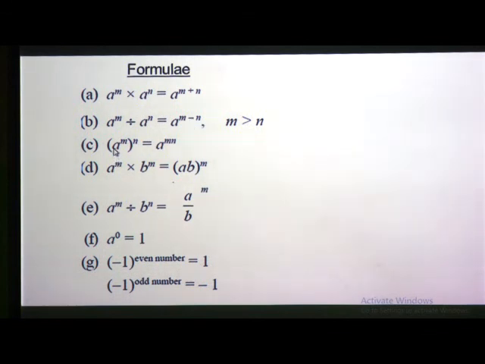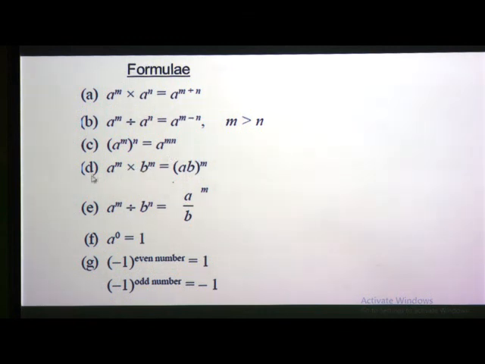Here we have a raised to power m, to the power n, the power to the power. So, we can say this gets multiplied, that is a raised to power mn. Here a raised to power m multiplied by b raised to power m.